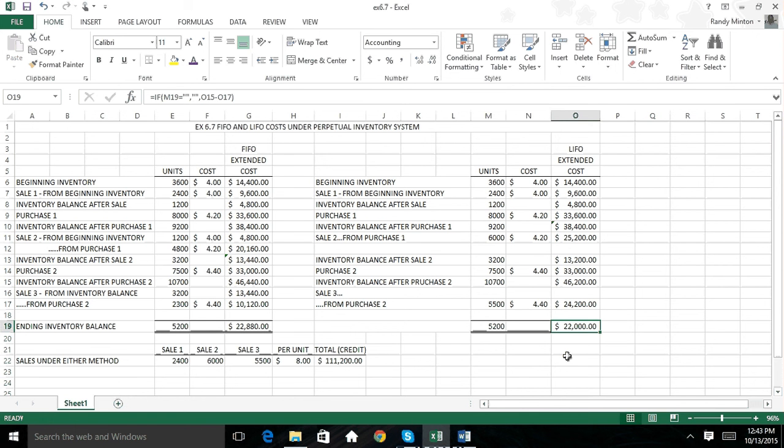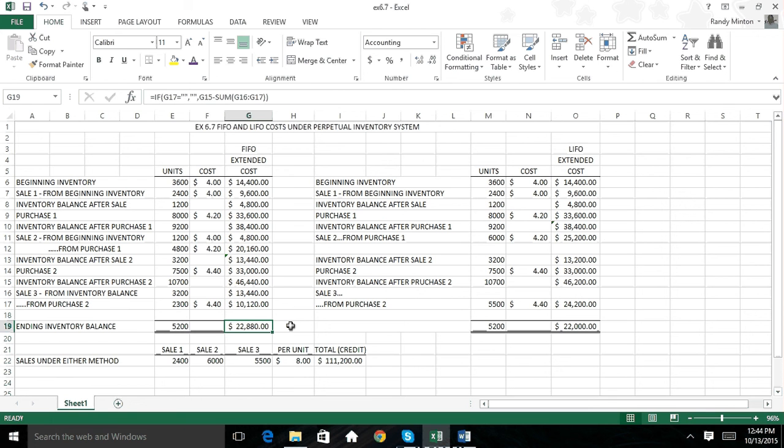Now this is critical, folks, so try to grasp this. Again, in a period of rising prices, LIFO will yield the lower inventory, the higher cost of goods sold, and the lower net profit. And if you think about this, the lower the tax burden. Under the FIFO method, it will yield a higher inventory and therefore a lower cost of goods sold and a higher profit and therefore a higher tax burden.